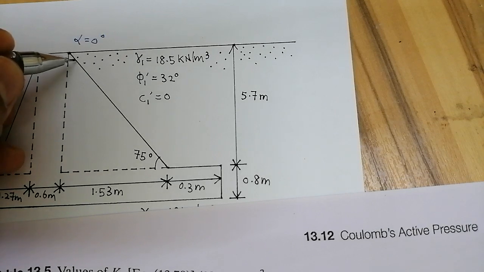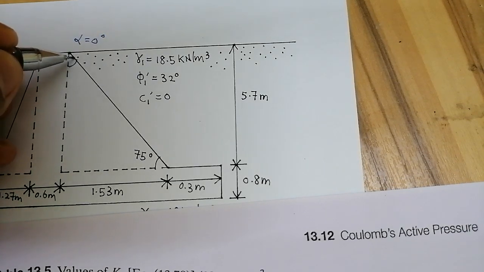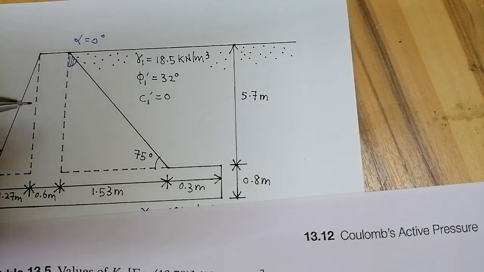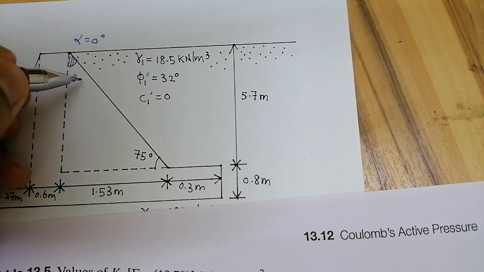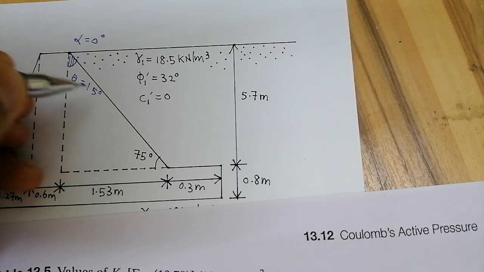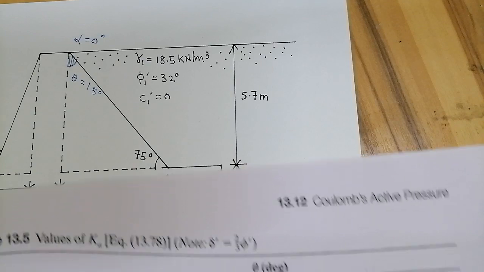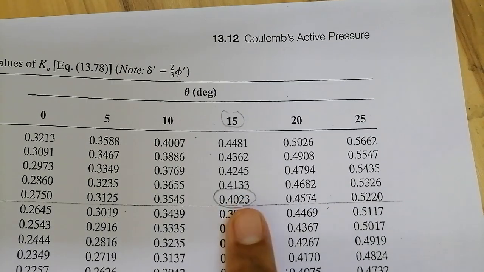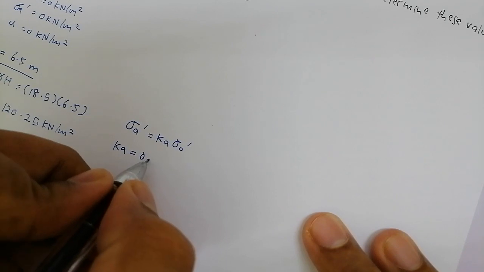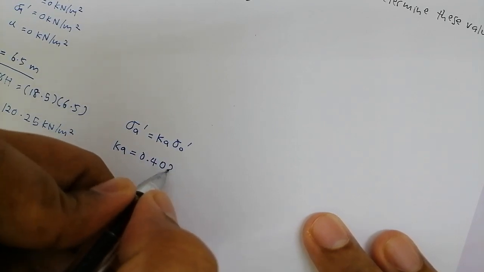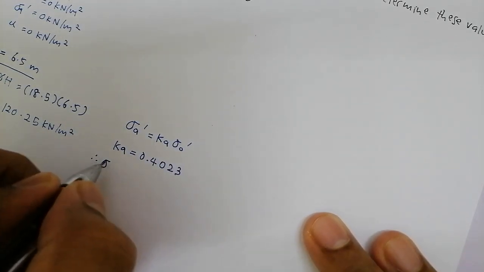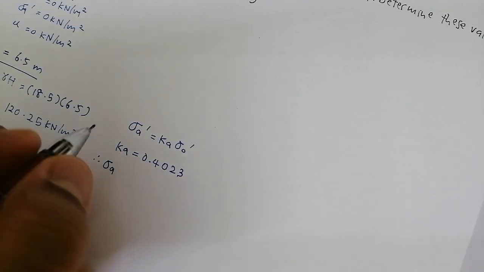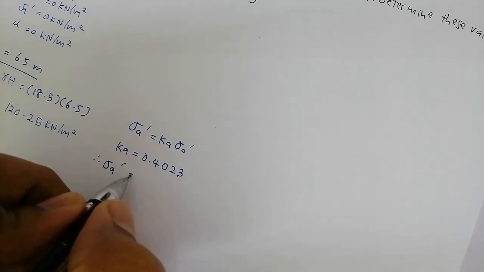It is here, and you use basic maths, you'll get theta equals 15 degree. Therefore, our Ka is 0.4023.